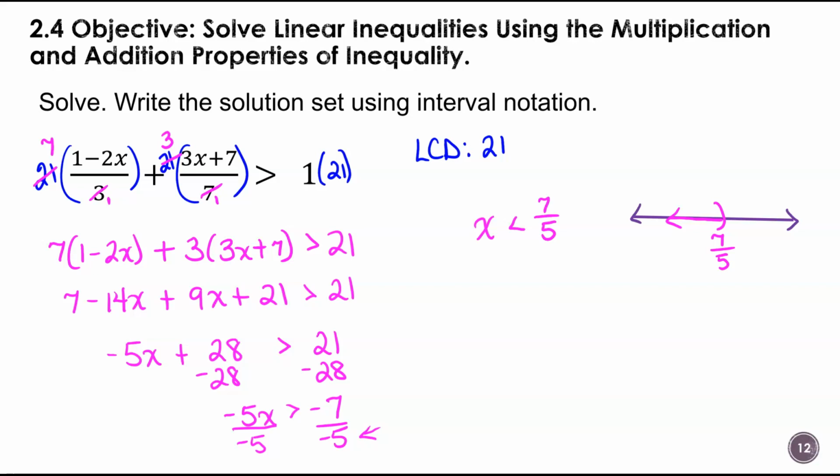And then in interval notation, we are going to be at negative infinity to 7/5. The 7/5 is not included because remember we don't have that or equal to part. And that's it. I don't want that to look curved and not like it's a bracket because it's not.